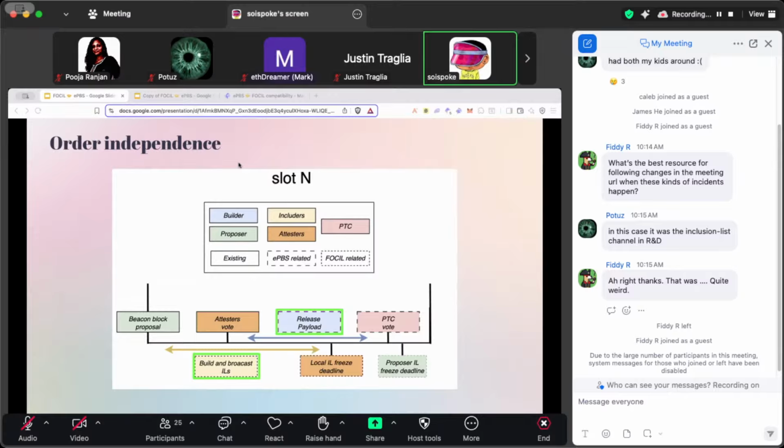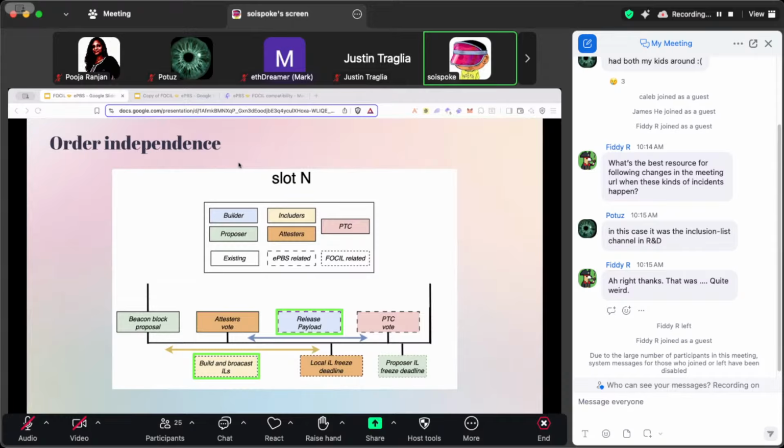So you'll have transactions in the ILs that are not as fresh as they should be, and that makes the ILs a bit less effective. So I think it's still important to aim for having a payload released before the ILs are built. But since it's not an enforced thing, it doesn't really matter much.